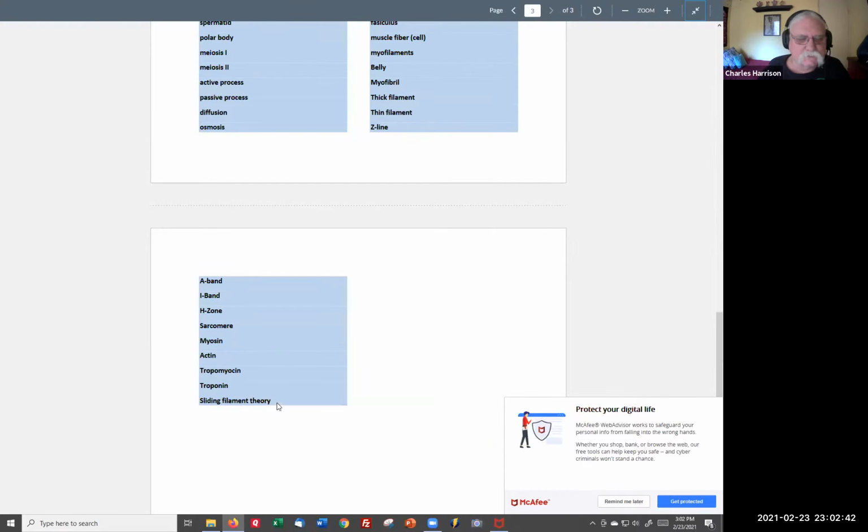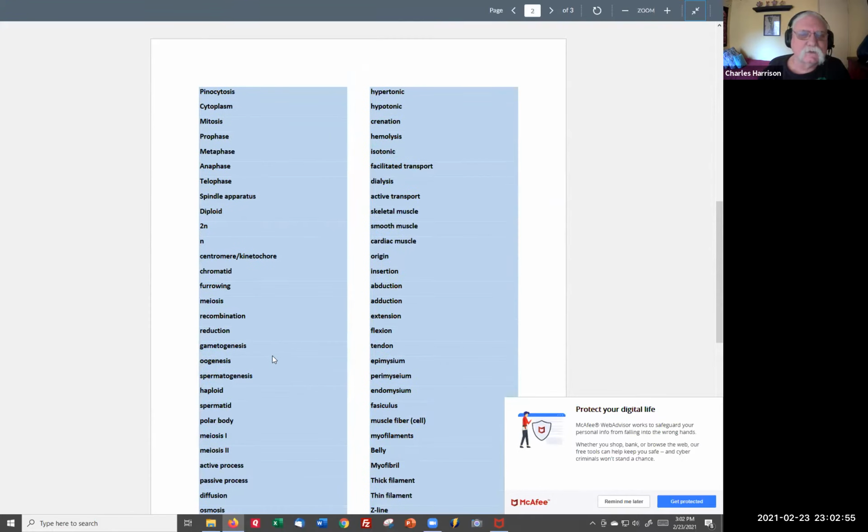This goes through the sliding filament theory because that's the last lecture, the one about myofibrils. That's included on the test. Any questions about these? Hopefully, you're familiar with most of them, and hopefully you don't spend all of your time studying just these between now and the test. These are words that were used, usually in bold-faced type, in our lecture material.